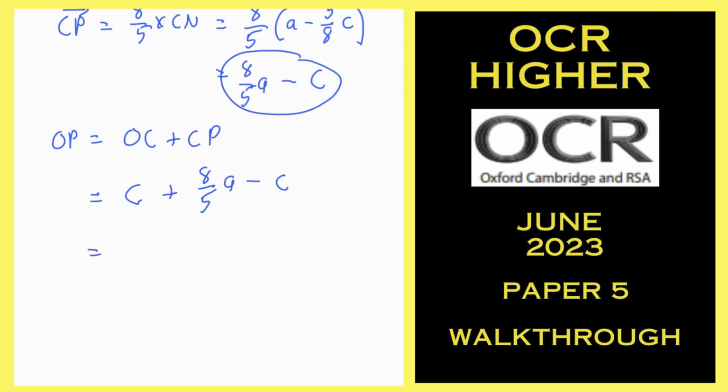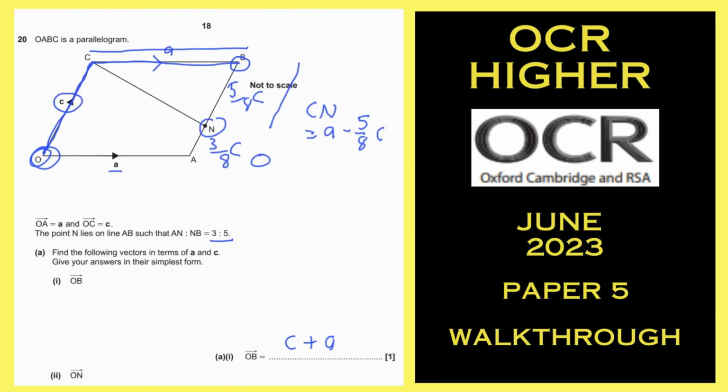And look what happens, the C's disappear. We're left with 8/5 A, which is parallel or a multiple of just A.